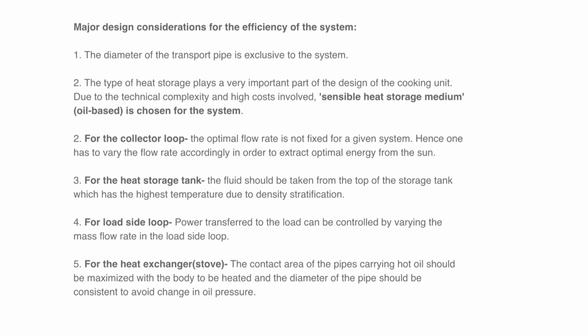Then again, after reading and consulting professors and reading some papers, there were a few technical considerations, like the diameter of the copper transport pipe, which is exclusive to the system. If you increase the diameter, the heat transfer changes. If you decrease it, the heat transfer changes. As I said, we use an oil-based material as a sensible heat storage.